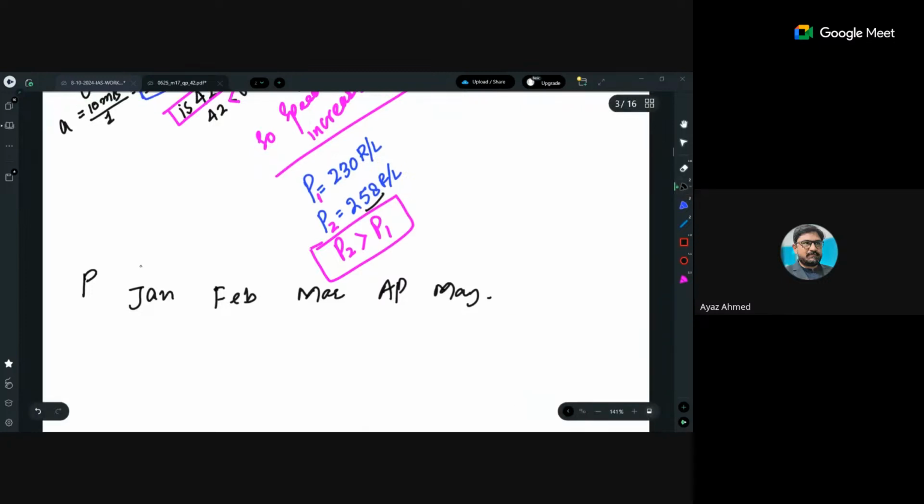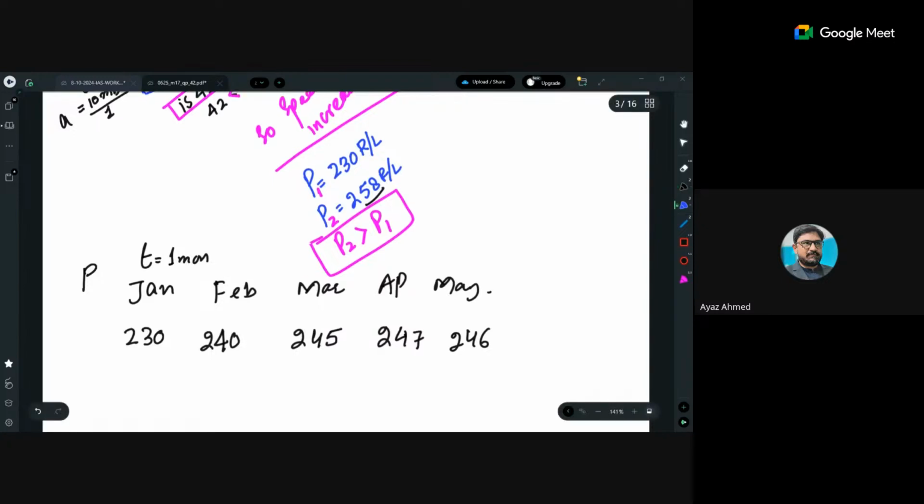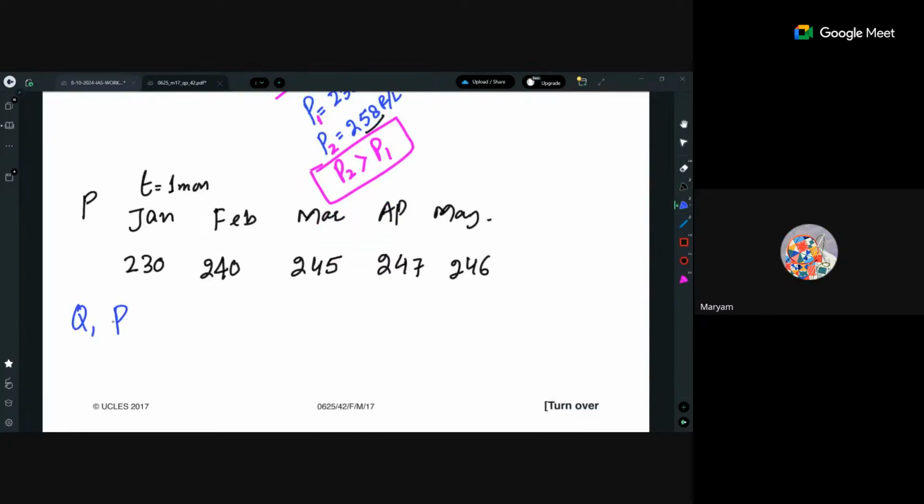This is a 1 month span. For example, it was 230, then it went to 240, then 245, then 247, and then 246. So tell me, question number 1, is the price increasing or decreasing?